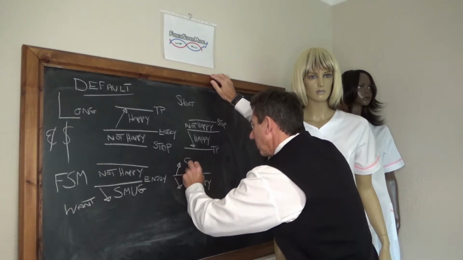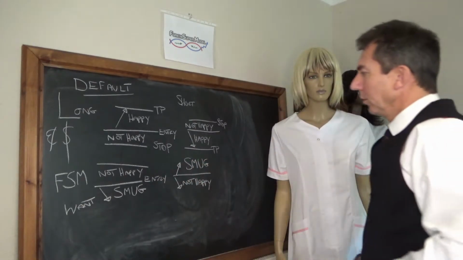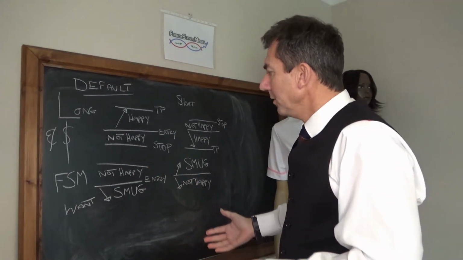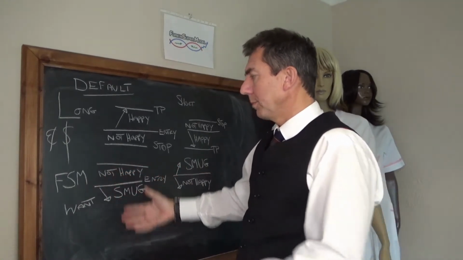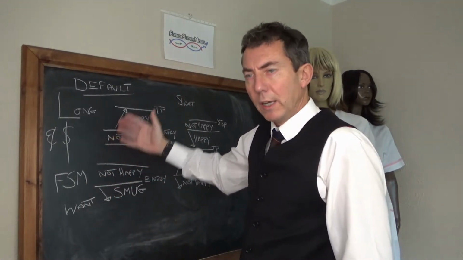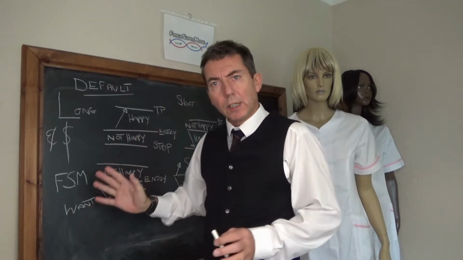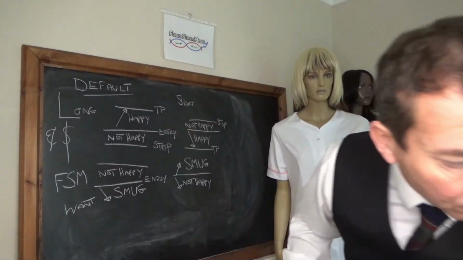So smug zone. So it's the exact opposite of the normal default trader, in other words. If we want to go long, you'd normally expect to be happy if it starts going your way. We're not, we want it to go against us, but it's going to go against us in a specific way. Now, let's rub this off then.